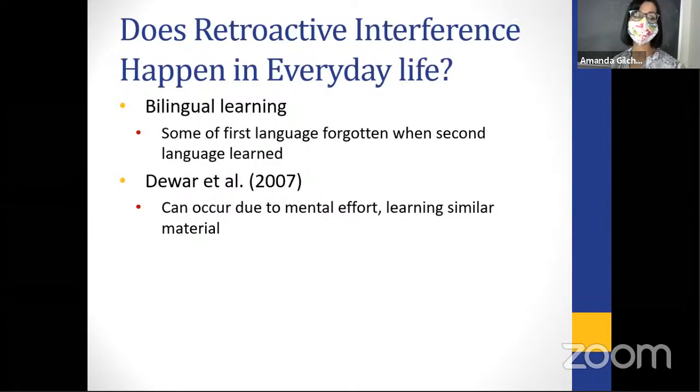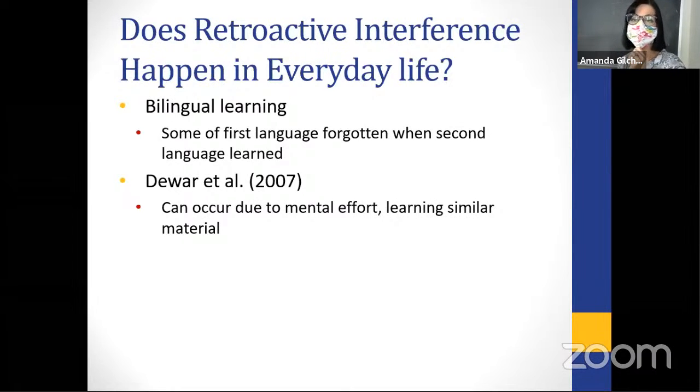And Misha DeWar and colleagues actually found that part of the reason that this happens is because, first of all, you're expending a lot of mental effort on learning this second language that you don't really have to do with the first. Like, think about how little you think about what you want to say. Or think about how little you think about language, your native language.